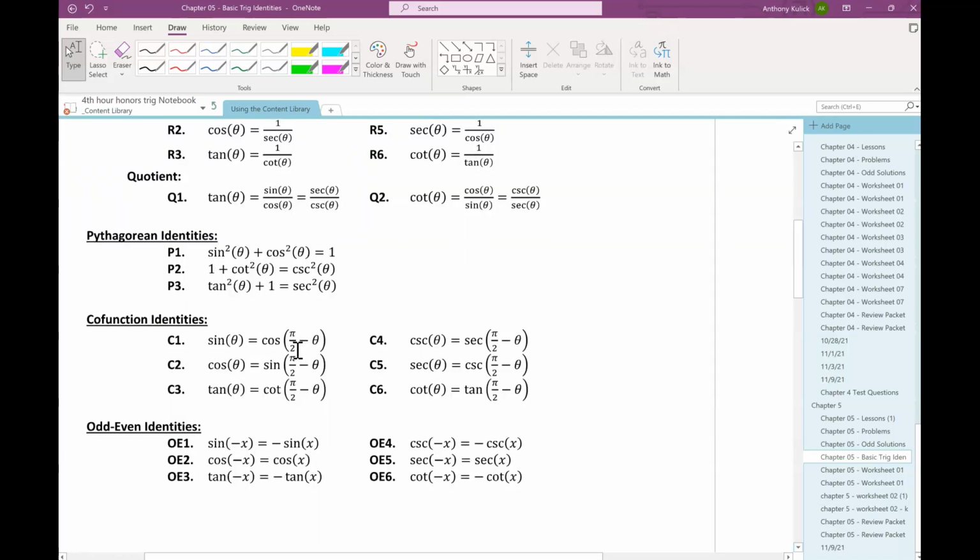Okay. The next ones are the cofunction identities. Did you ever notice on the unit circle that sine of 30 degrees is a half, and if you looked at the cosine of the complement of 30 degrees, aka cosine of 60, that's also a half?